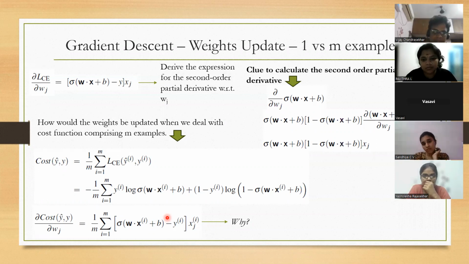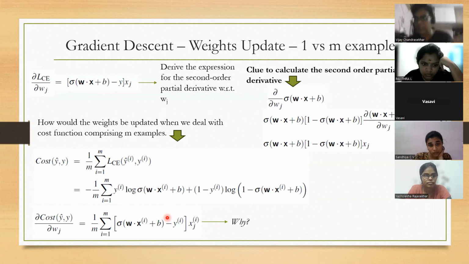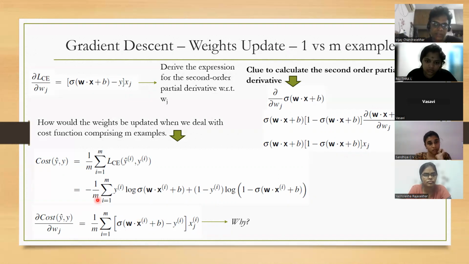But given that we have already derived it for one simple cost function using one data point, can somebody help me interpret this expression? You can draw inspiration from the expression on top.